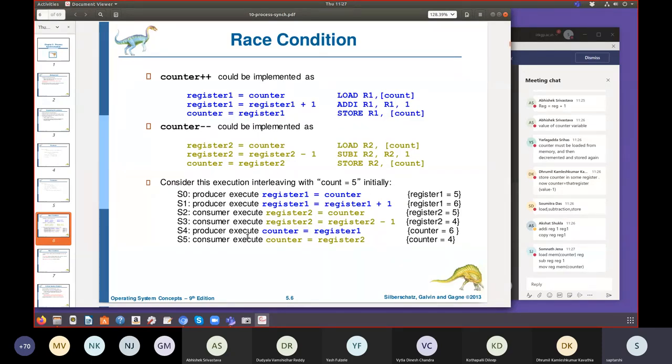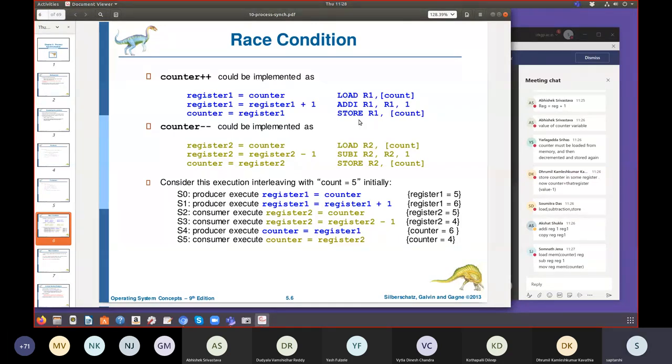This is why data can become inconsistent, because multiple processes are executing concurrently. So basically 2 reasons. One, multiple processes are executing concurrently and they are all accessing the shared variable. Second reason is that what we write as a single statement in a high-level language actually gets translated into multiple such instructions in assembly language or machine language.